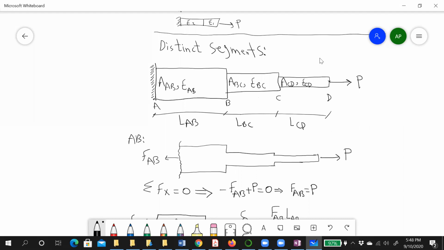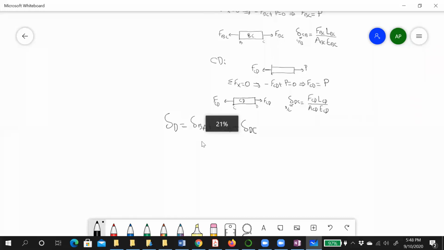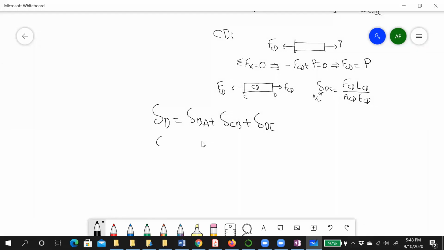So, okay, solve for B. Would it be the elongation of BA plus CB? Exactly, elongation of BA, because this is moving, and elongation C with respect to B, right? So for delta C, we can write delta BA plus delta CB.